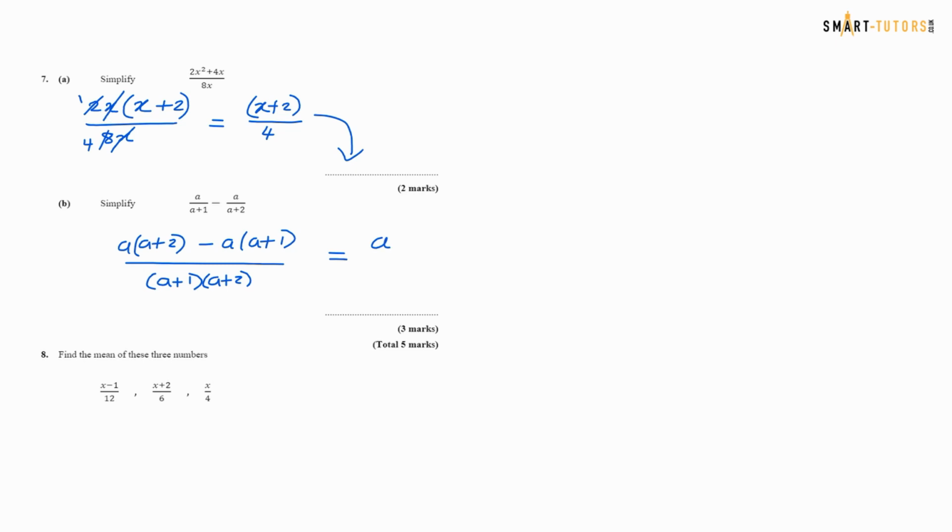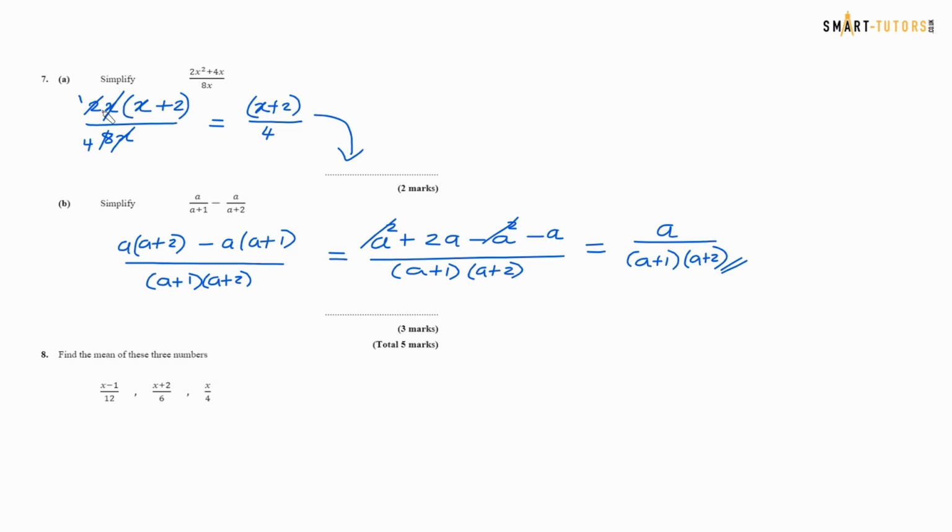A times a is a squared, plus 2a, minus a squared, minus a, over a plus 1, a plus 2, both brackets. The a squared cancels. 2a take away a is a, over a plus 1, a plus 2. That is our final answer.